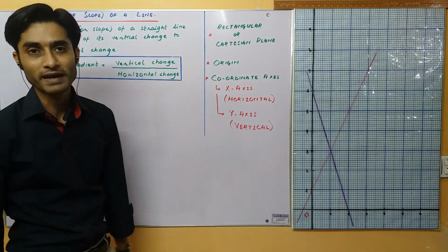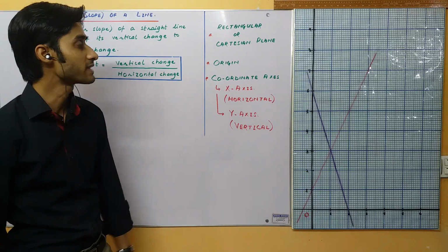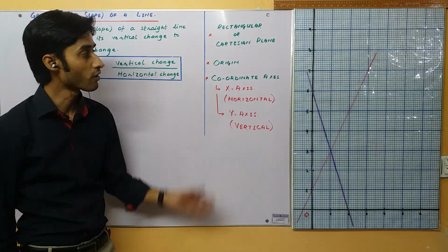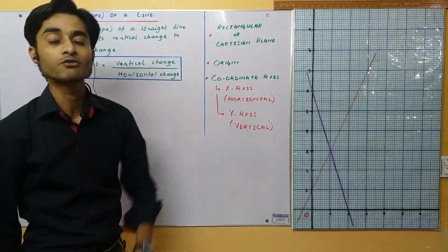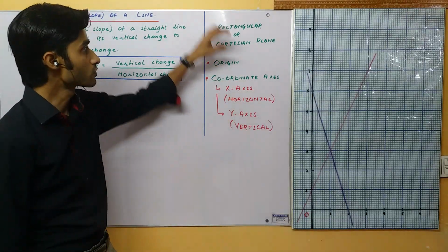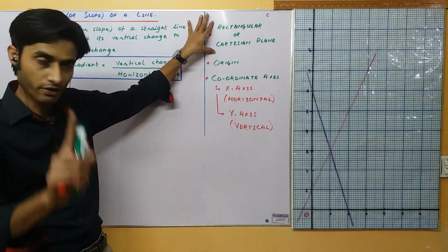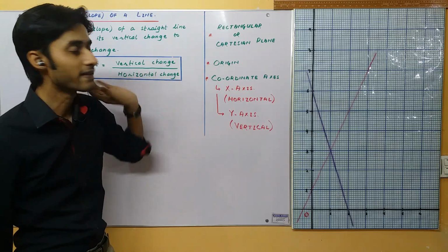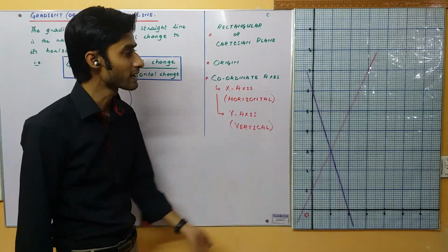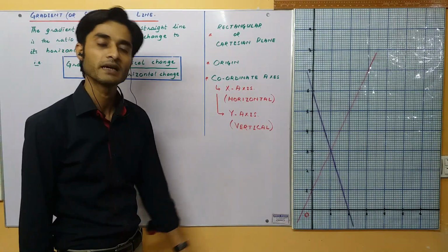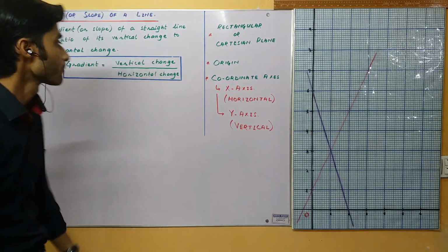Together they are called the coordinate axes. So these are the three things that you must know before I start discussing gradient and go further into the detail of coordinate geometry: the rectangular or Cartesian plane, the origin, and the coordinate axes. You must be aware of these things. If you aren't, do let me know. I'll discuss these things in detail in upcoming videos, inshallah.